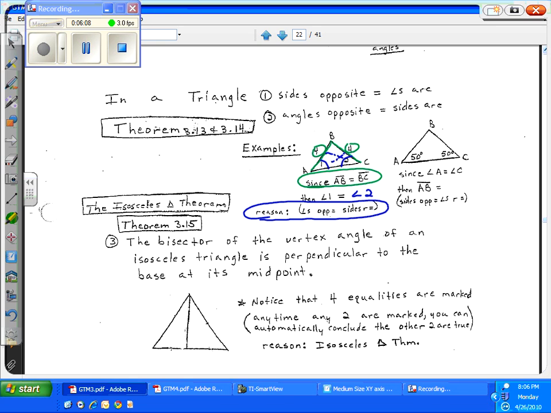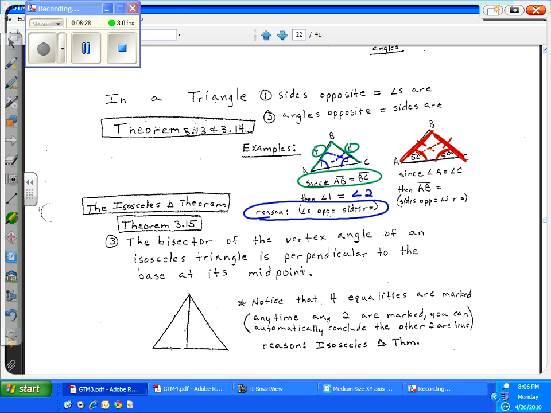And then in the next example, if this angle is 50 and this angle is 50, then the side across from that angle, BC, would be equal to the side across from that angle, which would be AB.